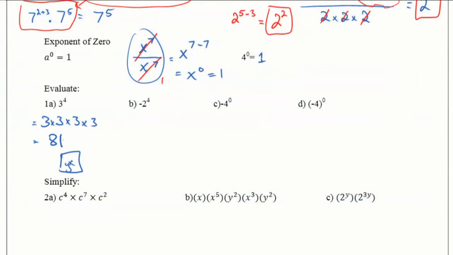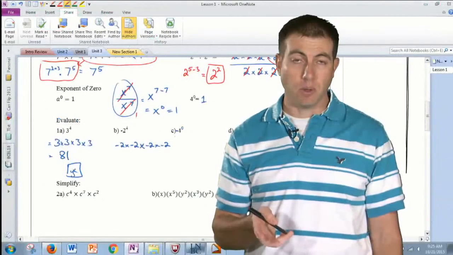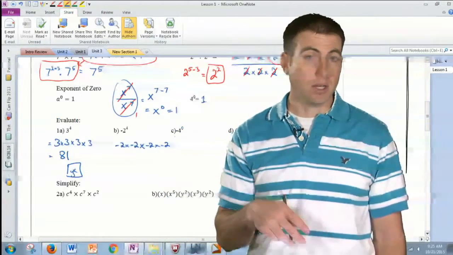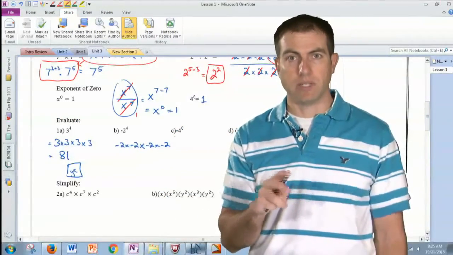This is 81. If I have negative 2 times negative 2 times negative 2 times negative 2, you're going to have 4 negative signs. So if you have a negative number and you're using an exponent, if it's an even exponent, like 4, 8, 12, then your answer is going to be positive because you have an even number of negative signs.